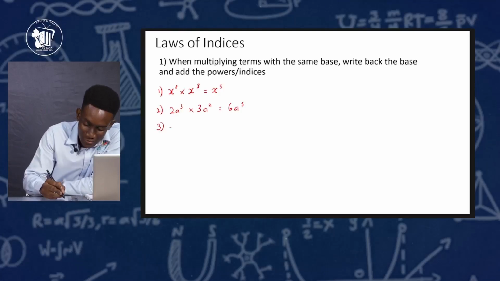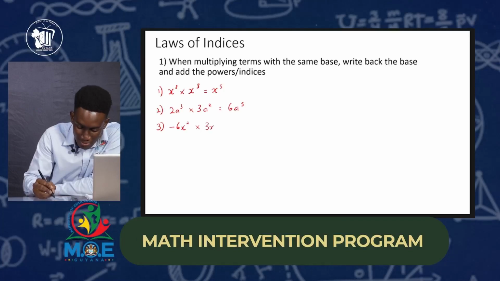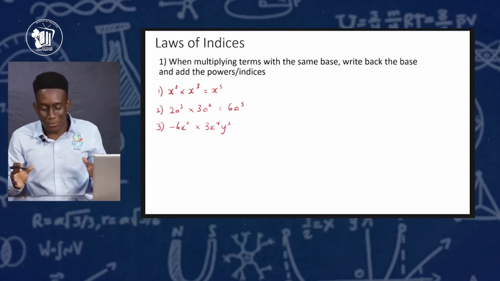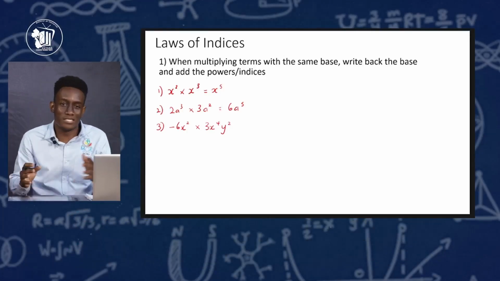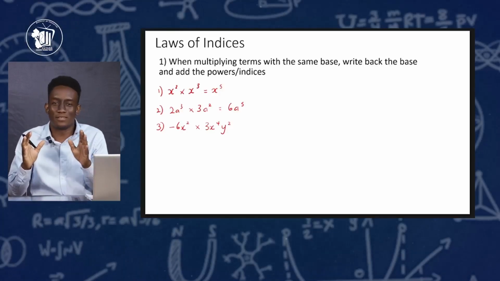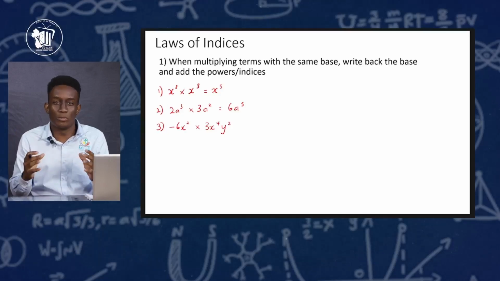The next example now: negative 6x to the second multiplied by 3x to the fourth y to the second. In this example, we see we have negative and positive numbers, so this is taking it a step further. When we have negative and positive numbers, these are the steps in which we do our multiplication.